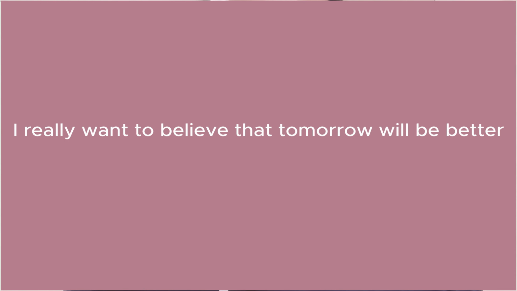Now we can also have an object of a verb that is not the main verb. Next, I really want to believe that tomorrow will be better. I really want to believe. This is a complete sentence. I have my subject, verb, and object.